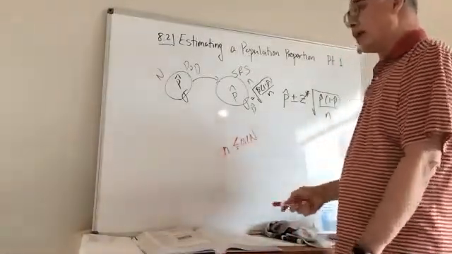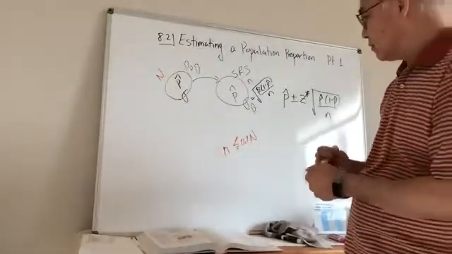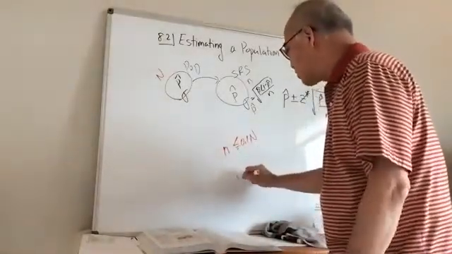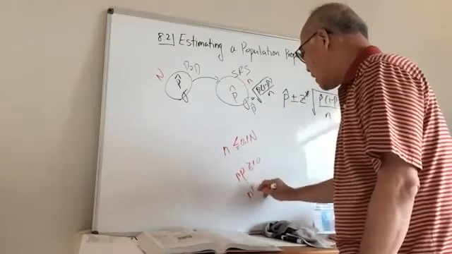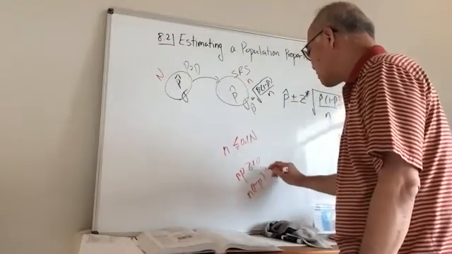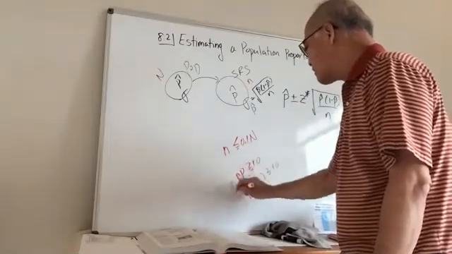What was the other thing? The large counts condition. Large counts, great. np has to be greater than or equal to 10. n(1 minus p) has to be greater than or equal to 10. This is the large counts.